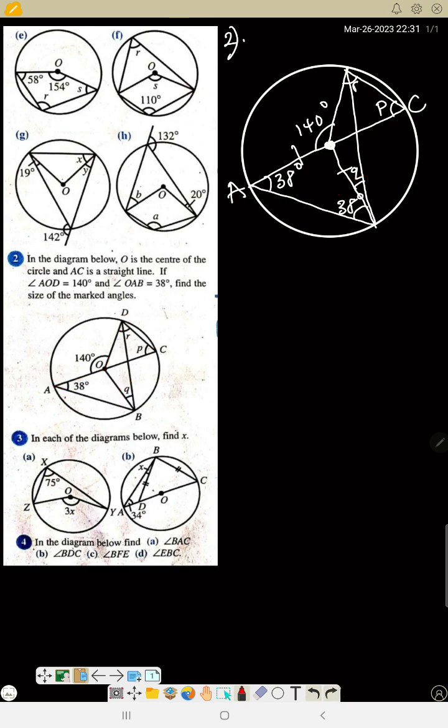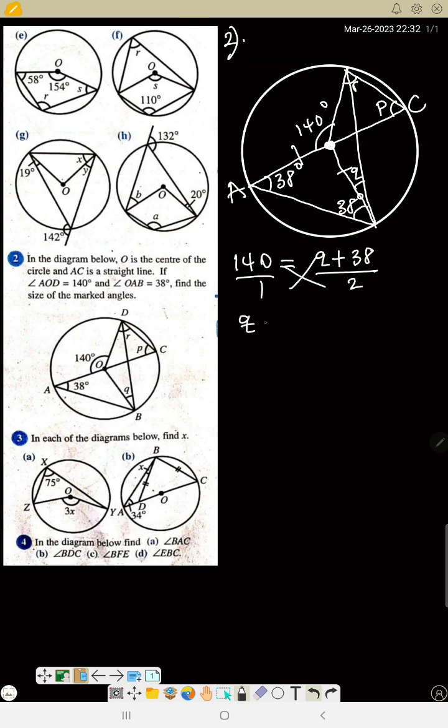So that means we have 140. So the angle at the center is twice the angle at the circumference. So Q plus 38 divided by 2. So that means we are going to cross multiply.